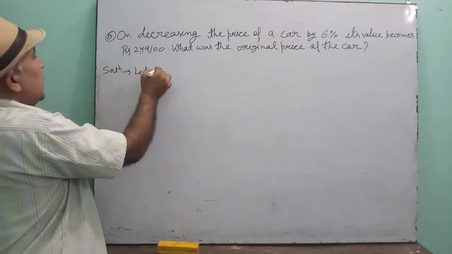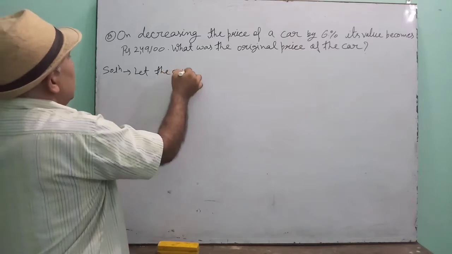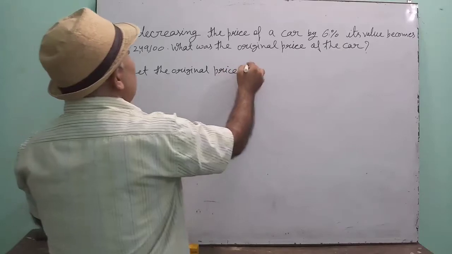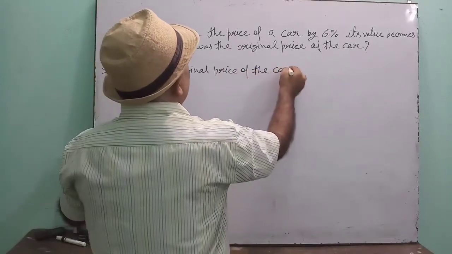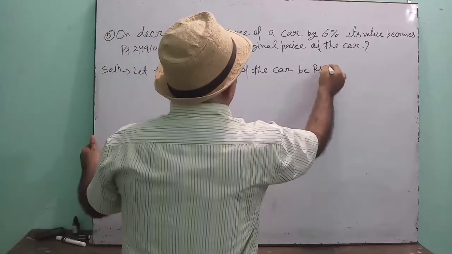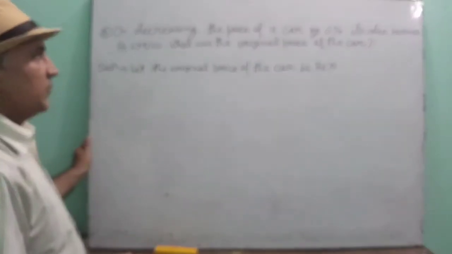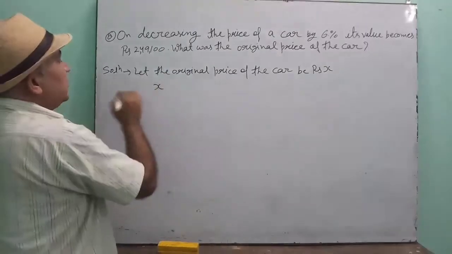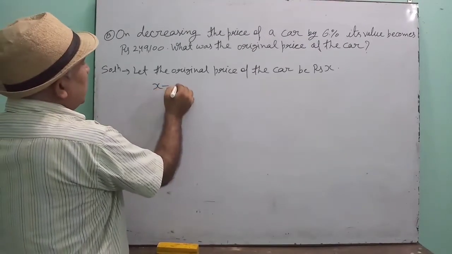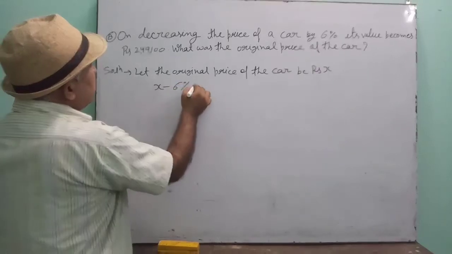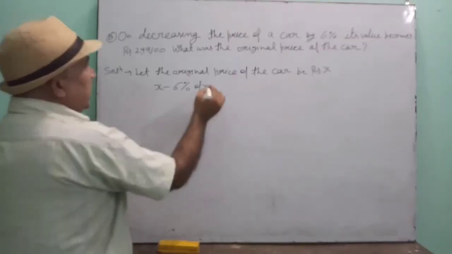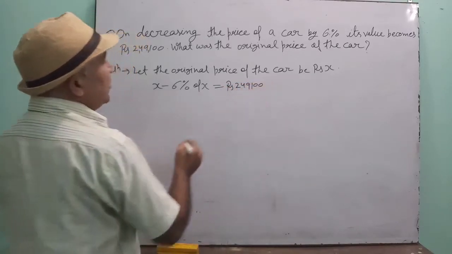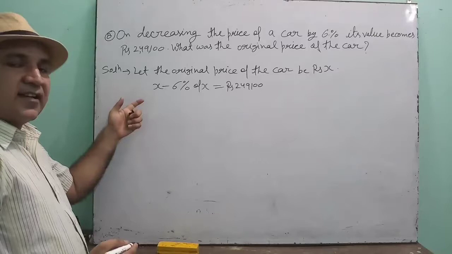So first suppose the original price of the car be rupees X. Now according to the question, the price is decreased by 6%, then it becomes rupees 249100. Now your equation is ready.